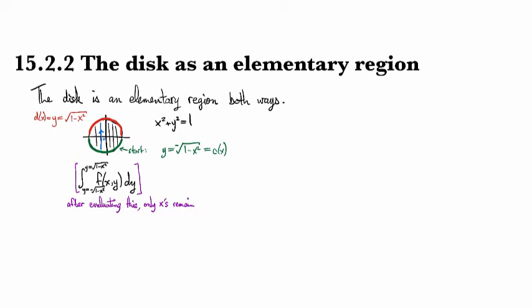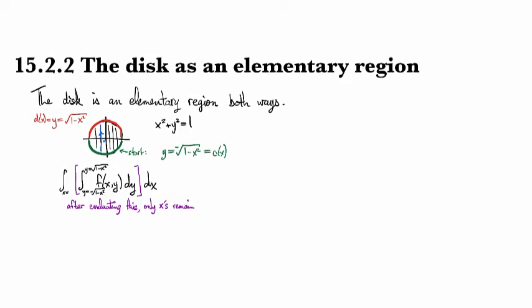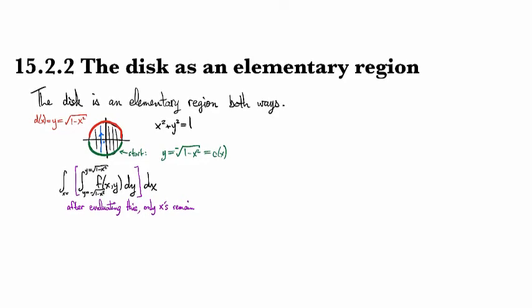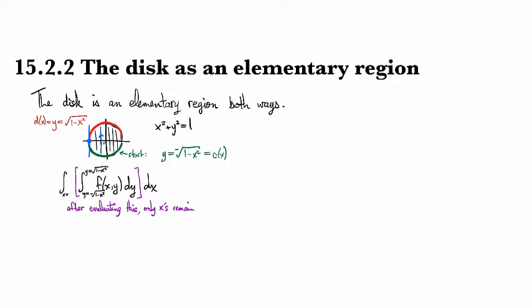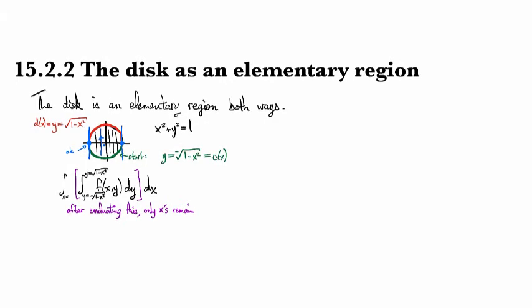Okay, and so then when we go ahead and we integrate those x's from x equals, and then we go back to our disk and say, okay, so where do these slices begin and end? Okay, so we have our first slice right here. It actually consists of only a single point, but remember, it's okay for it to be a single point. And then the last slice happens here, and again, it just consists of a single point.